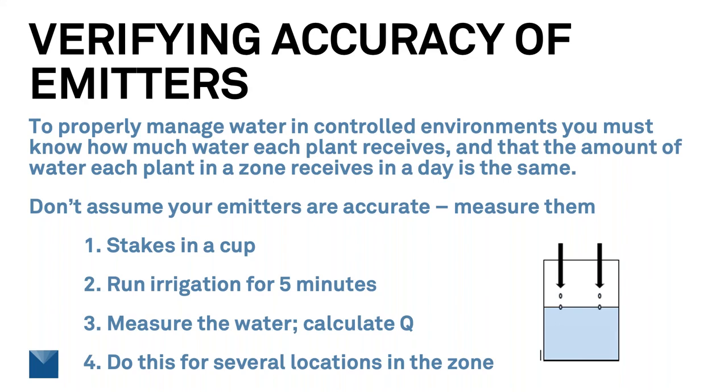To do that, put the drip stakes in a cup, turn the irrigation on for a set time, say 5 minutes, measure the water in the cup, and calculate the rate. The amount that you get from the different measurements you make should agree within a few percent of each other and should agree with the amount that you assume you're applying.